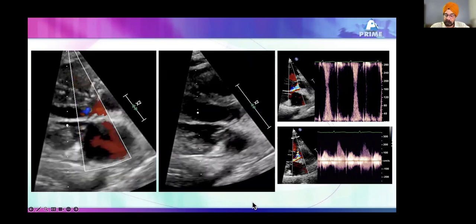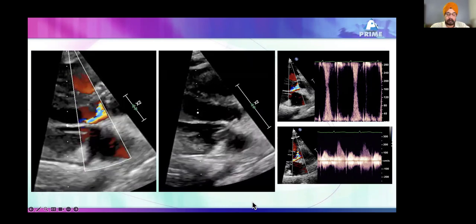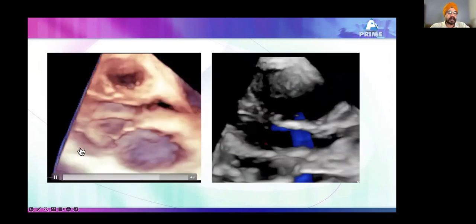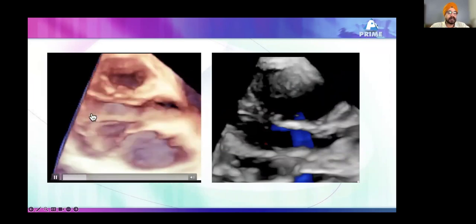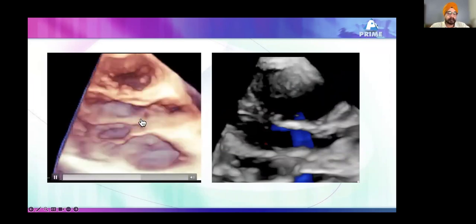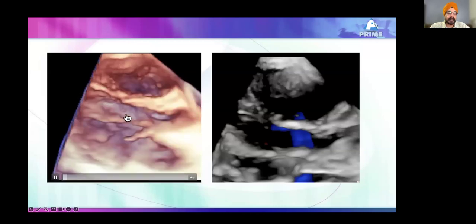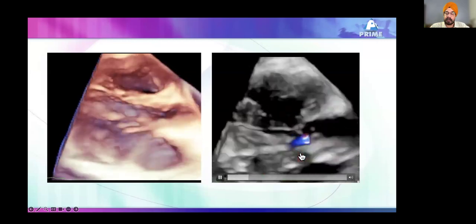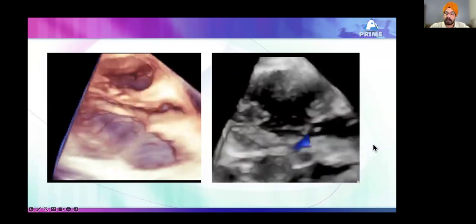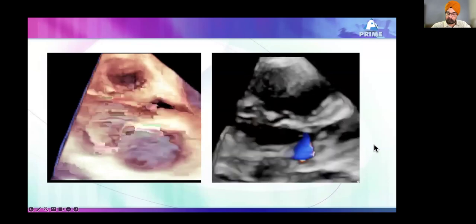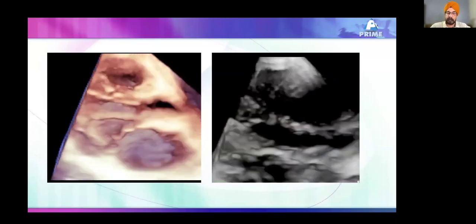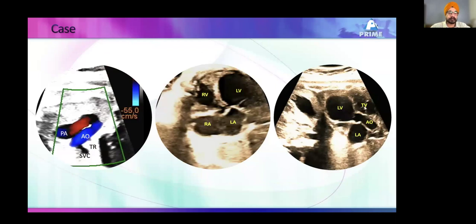So it's more of a curiosity than any treatment urgency. And on a 3D, rather than seeing a linear ligament, there is a kind of a shelf, and in that shelf you see this jet emerging, which is obviously of no clinical significance. It's just an imaging curiosity.